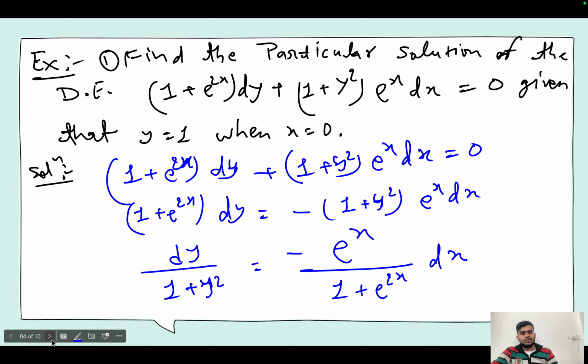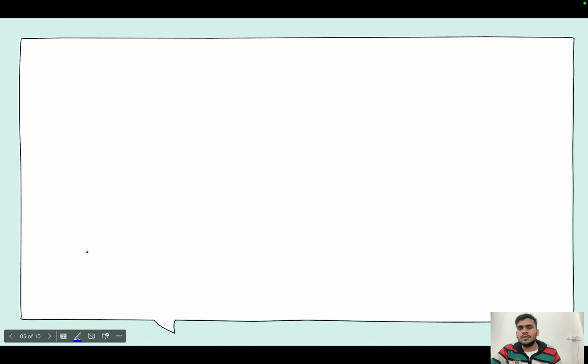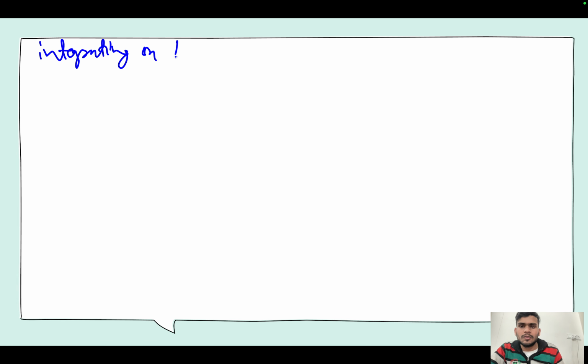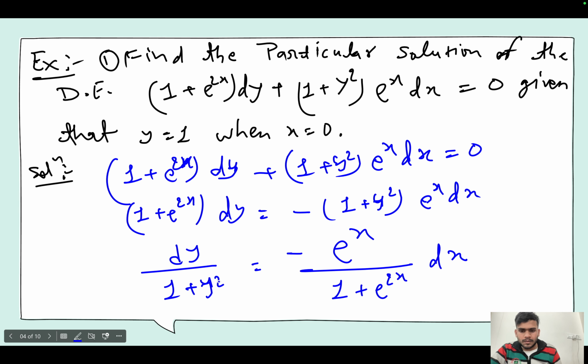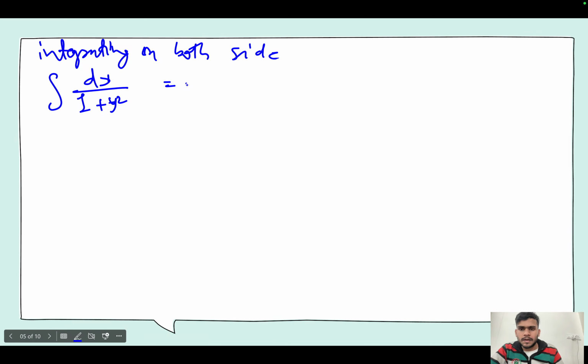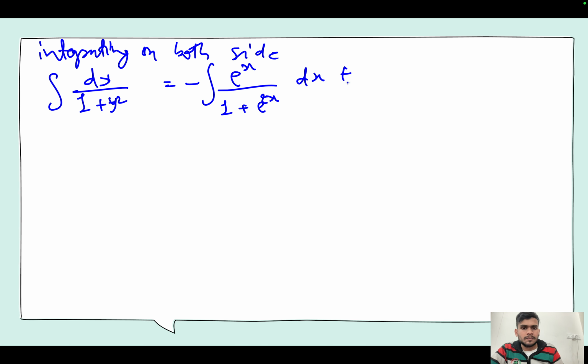Now how are we going to solve it? Integrating on both sides, this will become integration of dy by 1 plus y square is equal to minus integration of e to the power x by 1 plus e to the power 2x dx plus some constant.